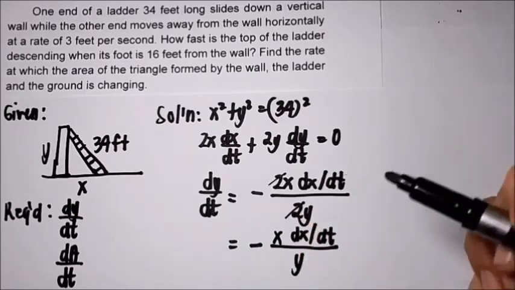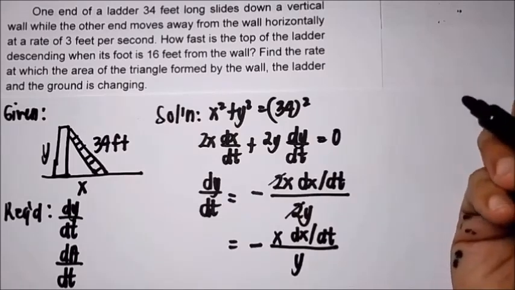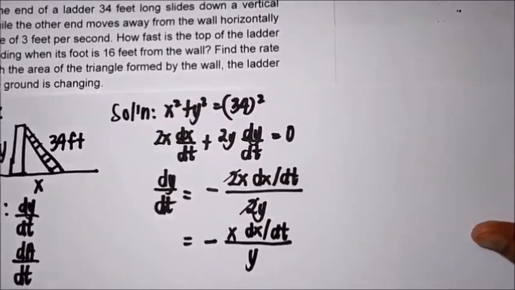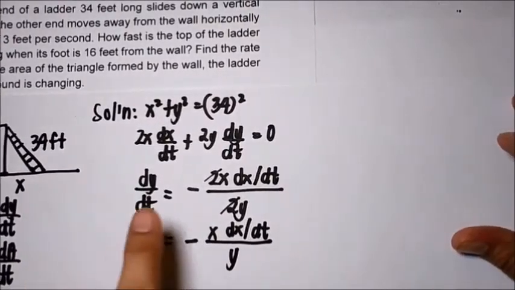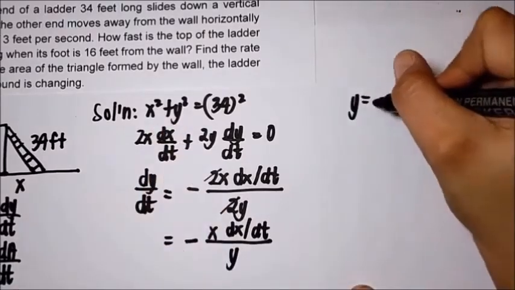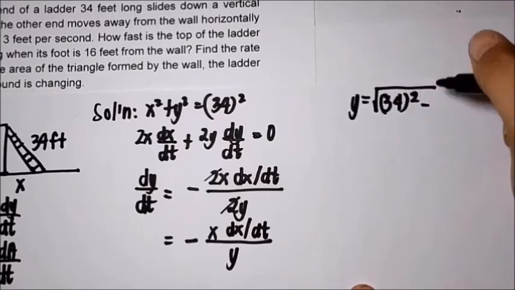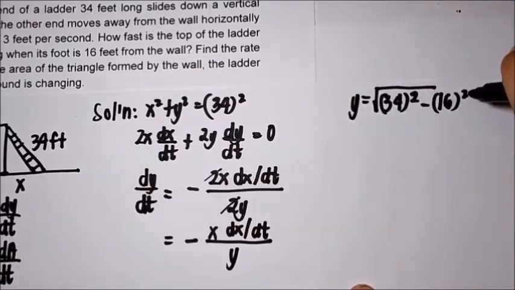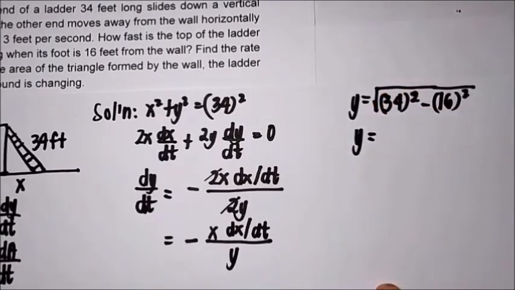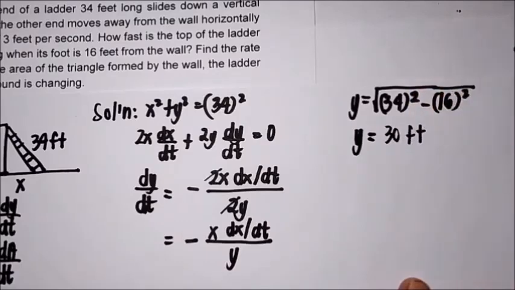So what is the value of x? x is 16 feet. We have the length of the ladder, which is 34 feet. So we can now solve for the value of y. Solving for y, we will be using this equation: y is equal to the square root of 34 feet squared minus 16 feet squared. From that, the value of y is 30 feet.